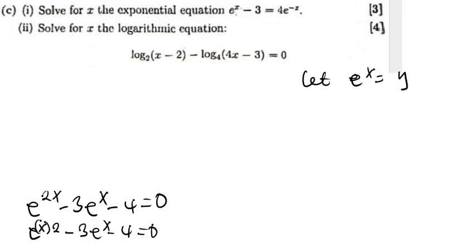Where there is e to the power x, I'll put y. Because there is 2 outside, it becomes y to the power 2 minus 3y minus 4 is equal to 0.